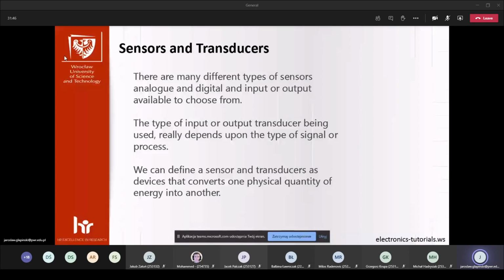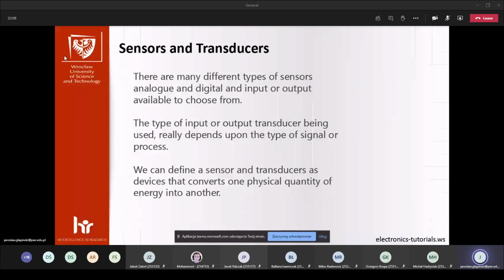So we have analog, which is the simplest one, and digital. This is probably the newest way to move the signal from the sensor to the system. So we can divide into analog and digital, passive and active.